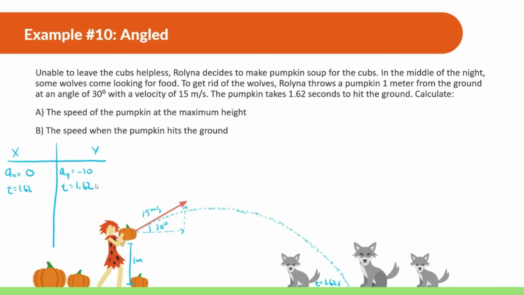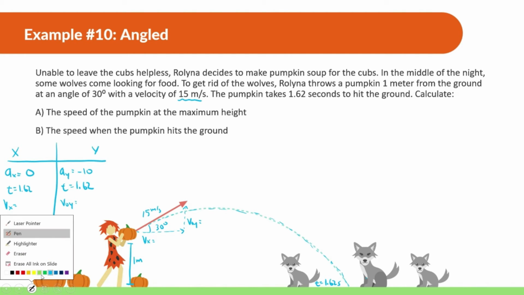One thing we do not know is we have the velocity here, but we don't know what the velocity is in the x direction and the initial velocity in the y direction. So maybe we could figure that out first. So this Vx and V initial y, let's figure that out. Maybe I'll start using a different color. Use green. Okay. Again, I can find Vx.